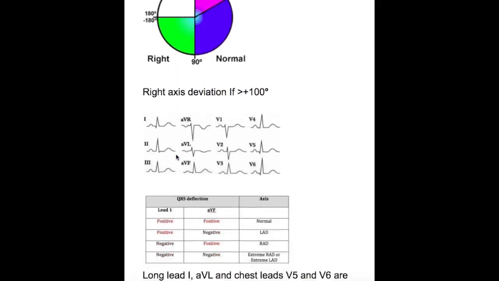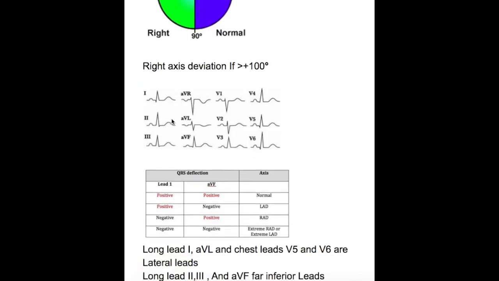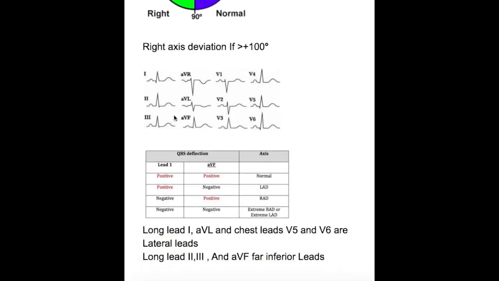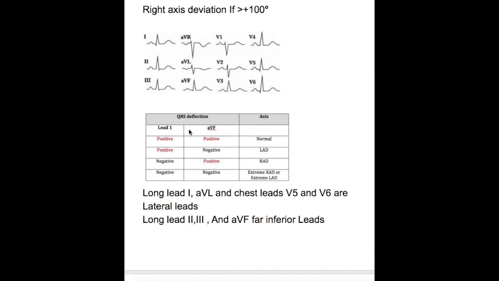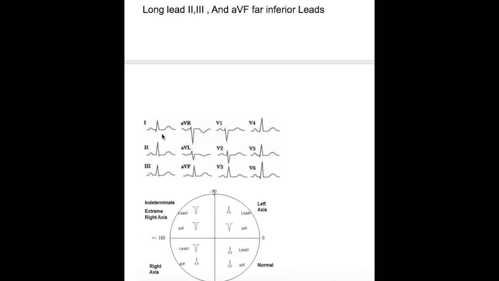So what leads do you see in right axis deviation and left axis deviation? The two leads that are seen are lead 1 and lead AVF. The R is positive in both of these leads, lead 1 and AVF.